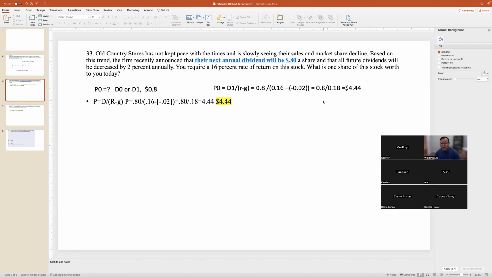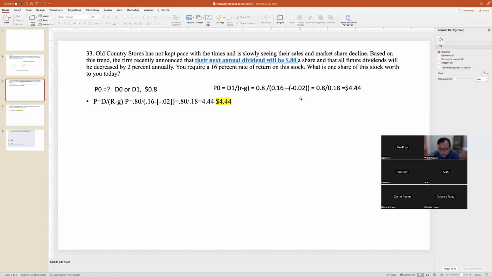If the growth rate is positive, the decrease would be a negative number. So the same formula applies. Think of it this way: if the growth rate is positive, that means the amount of dividend is increasing year over year, so your present value should be higher, right? If the growth rate is decreasing, your future cash flow is decreasing year by year, so your present value should be lower.